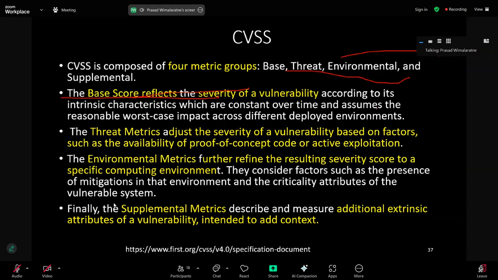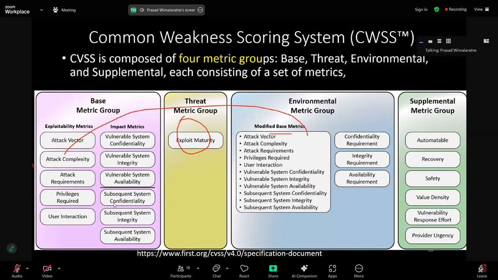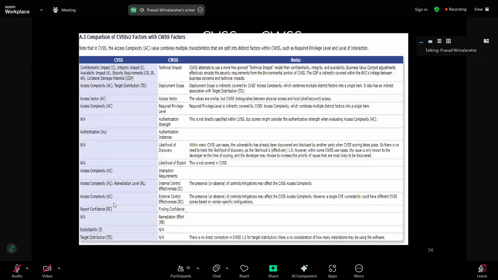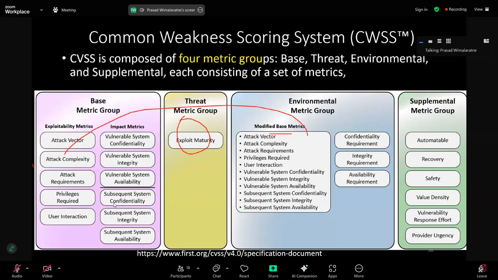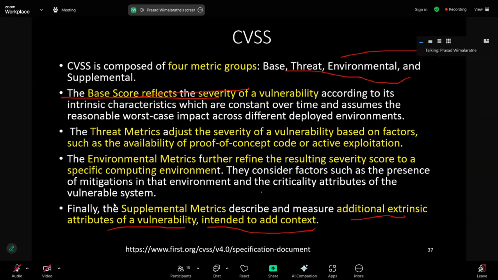So likewise, the supplemental one, as I said earlier, uses additional, as the name says, extra attributes of the vulnerability. So that will provide some context to the assessment that we do here. So this is just one example, but if you go to the link I provided here, in the specification, you can go through and see how it can be applied to a particular given situation.